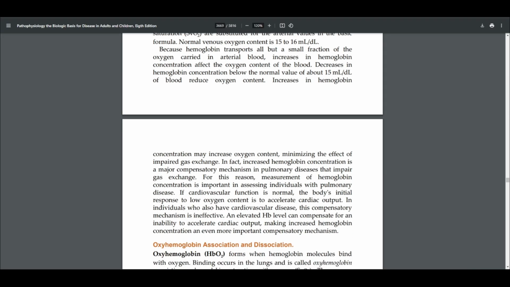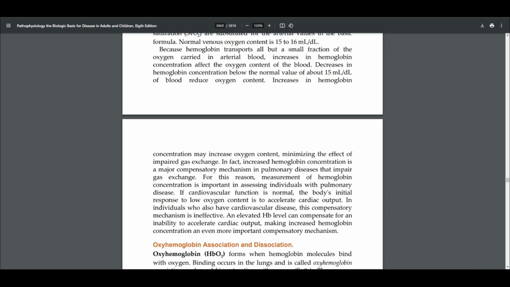Because hemoglobin transports all but a small fraction of oxygen carried in arterial blood, changes in hemoglobin concentration affect the oxygen content of the blood. Decreases in hemoglobin concentration below the normal value of 15 grams per deciliter of blood reduce oxygen content.